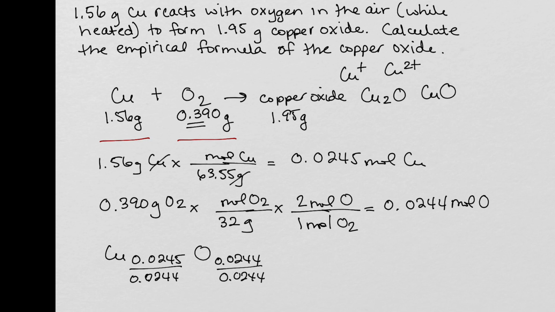So if I divide for copper, 0.0245 divided by 0.0244, I get 1.004. That's very, very close to 1, so I can round that to 1. So that means I have 1 copper and 1 oxygen. So that means that I had copper 2+, and so this is copper(II) oxide.